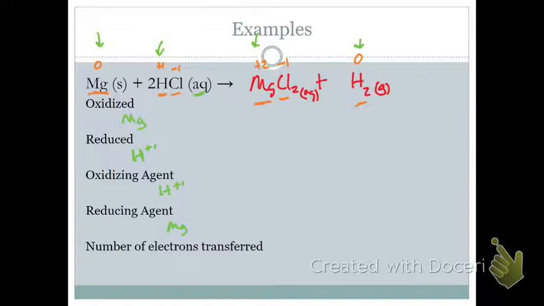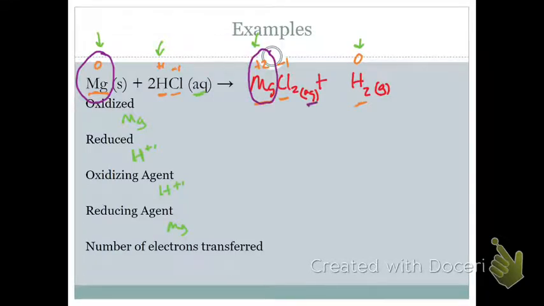Now, the number of electrons that are transferred, we're going to write something called a half reaction. So the oxidized half reaction, let's remind ourselves, is magnesium going from a 0 oxidation number to magnesium going to a +2.